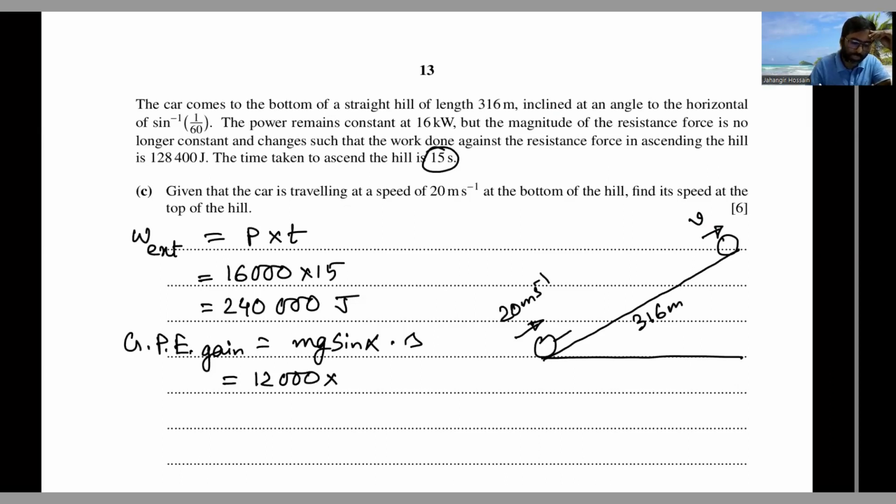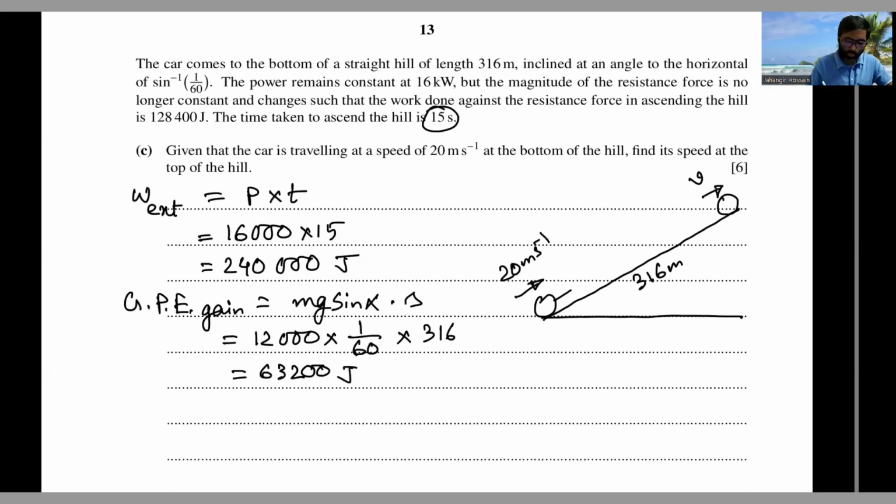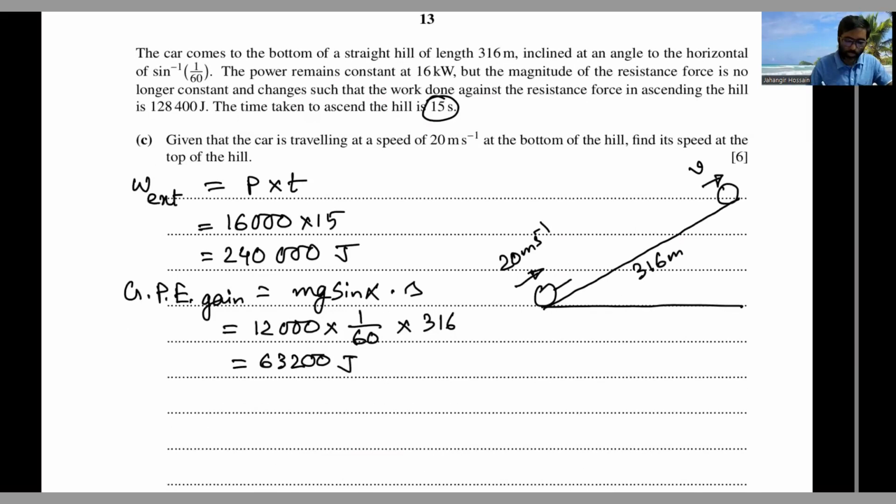Sin alpha is 1/60, into s, which is 316, and that is 63,200. And the work against resistance is 128,400.